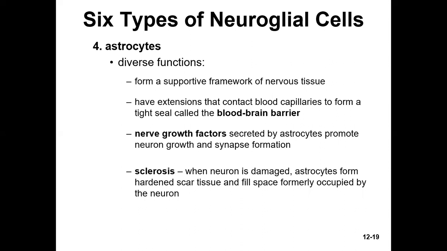Nerve growth factors may be secreted by astrocytes to promote neuron growth, as well as synapse formation. When a neuron becomes damaged, the astrocytes will form hardened scar tissue around it and fill the space formerly occupied by the neuron. This is what the astrocytes are doing.